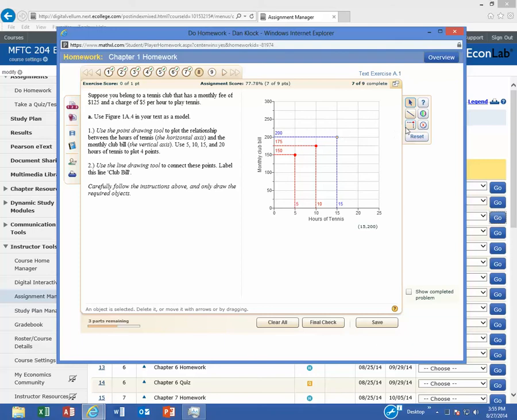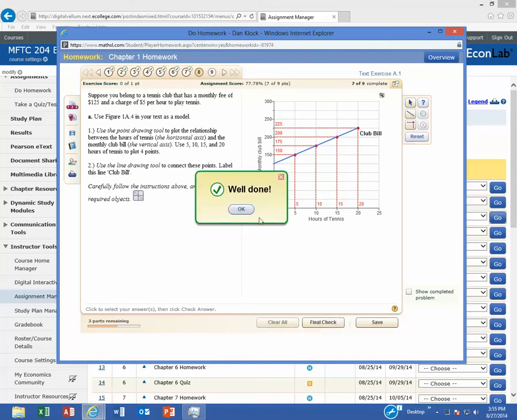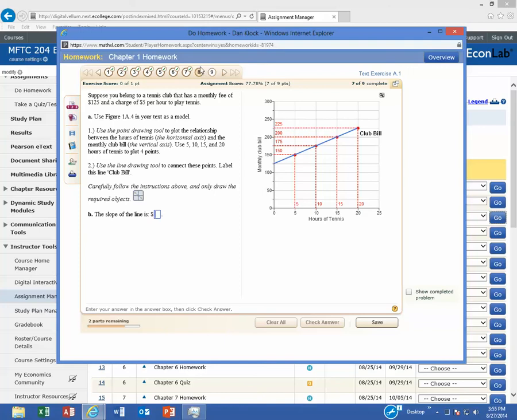Then it's got to follow the same slope. Now I'm going to draw the line tool and hopefully get it correctly. Click here, club bill. Well done. I think I got that done. So I give you a lot of times, as many times as you want to do this thing.